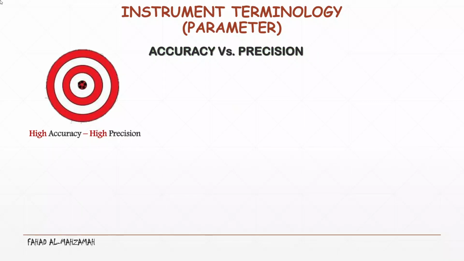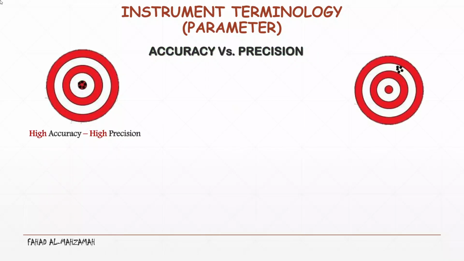Okay, so in this example, we can say it's a high accuracy and high precision. Let's take another one. Here we have 5 tests, and all of these tests, as you can see, are far away from the true value, so they are not accurate.